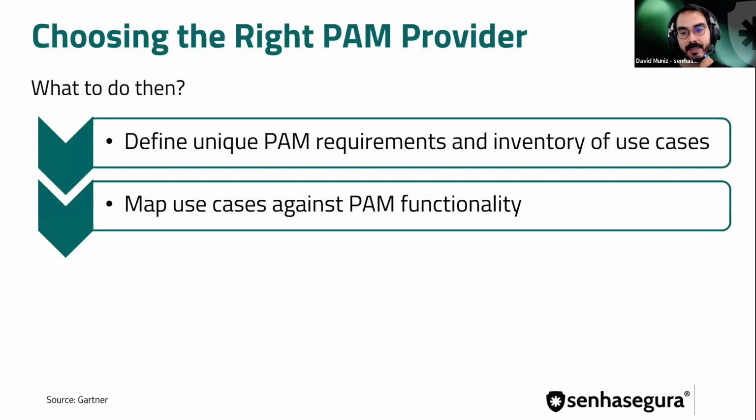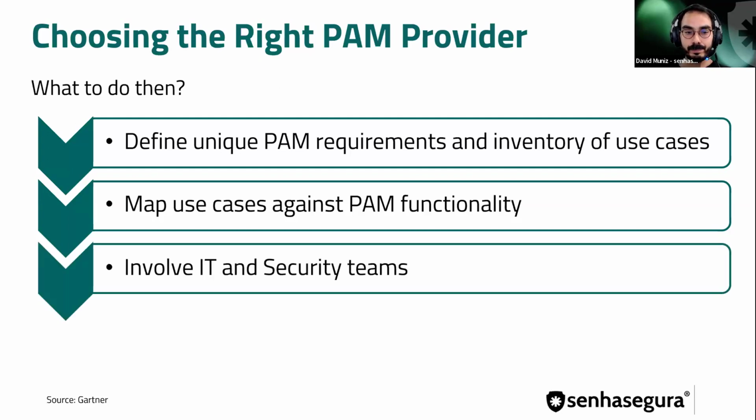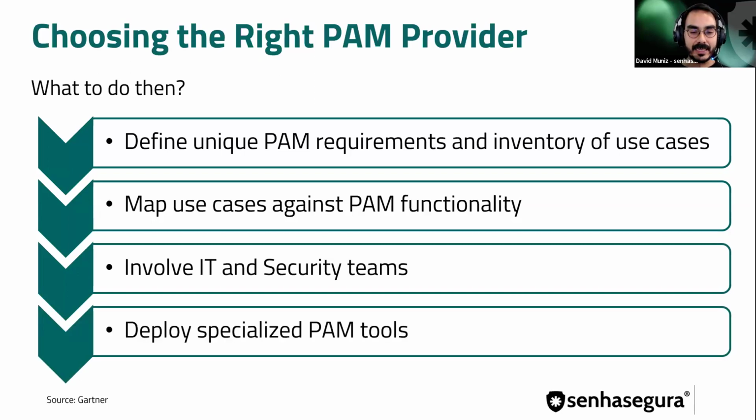Map those use cases against the PAM functionality in the market and select a vendor shortlist for a proof of concept, and finally, effectively select their tool. Involve IT and security teams. And also, as I said before, deploy specialized PAM tools.